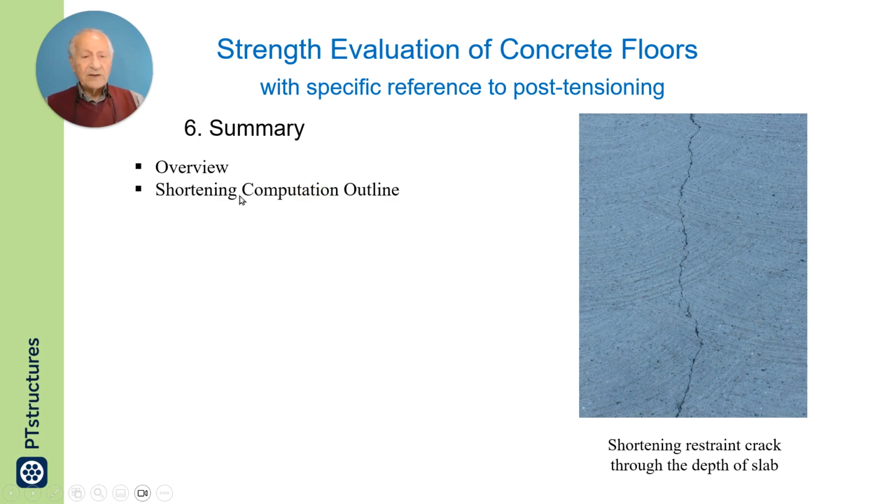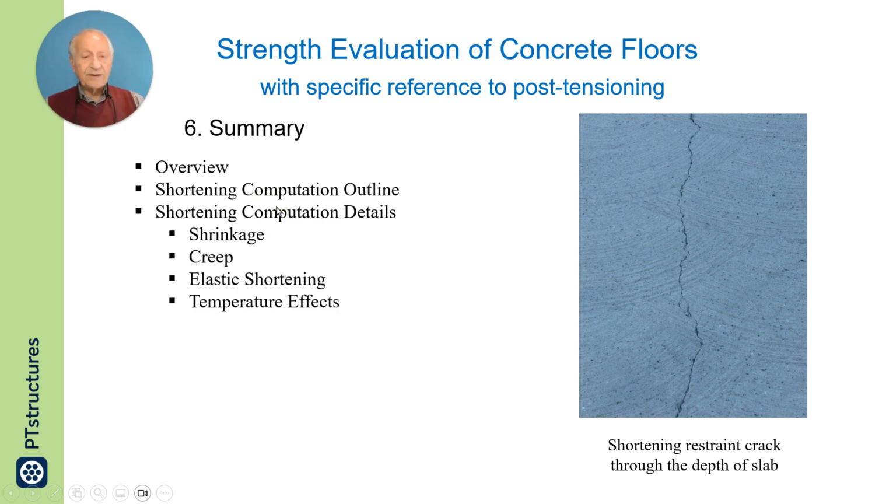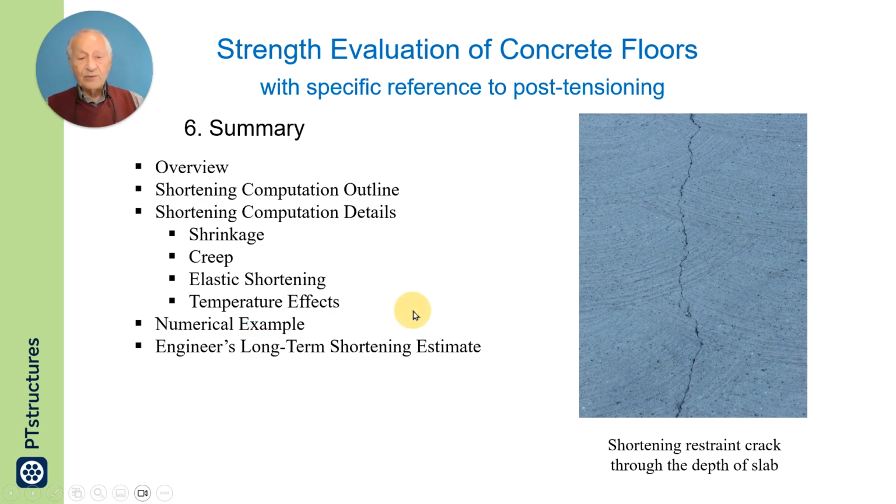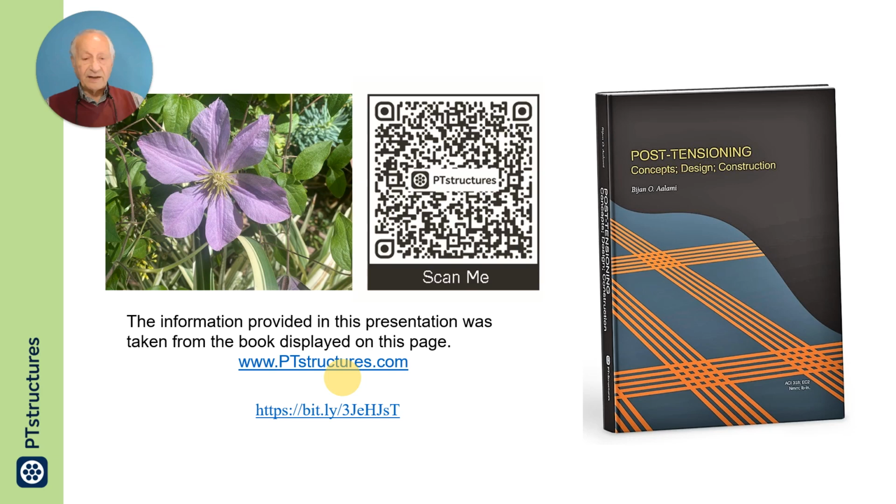We went through the overview, went over shortening calculation due to shrinkage, creep, elastic shortening, and temperature effect, did a numerical example, and came up with the long-term engineer's estimate of shortening and short-term shortening using the ACI curve.